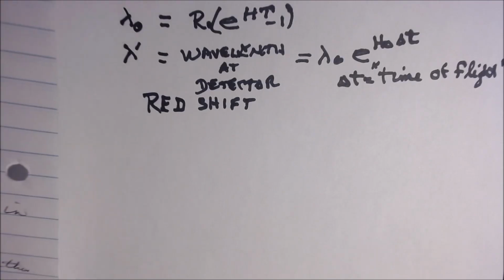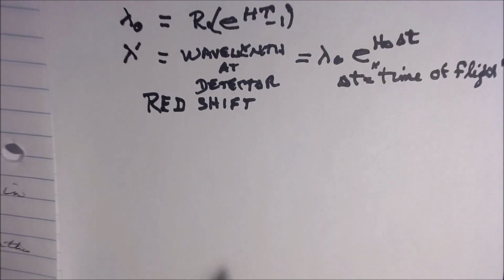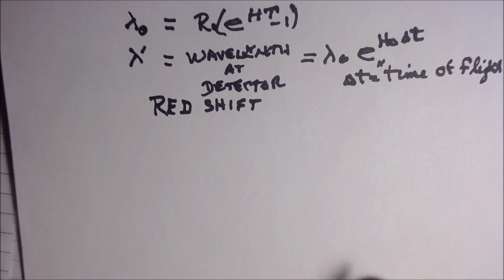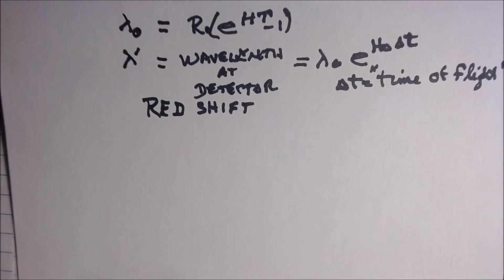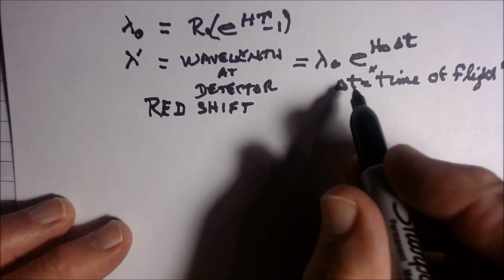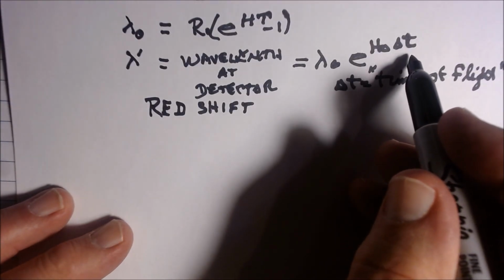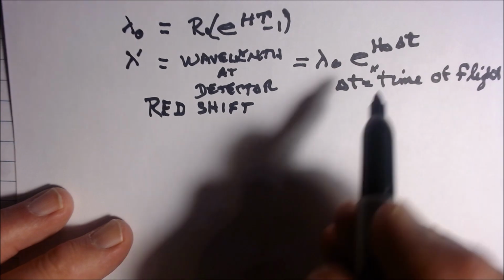The redshift of a proper galaxy is a method by which we can determine how far away the galaxy is by using the equation lambda prime is equal to lambda 0 e to the h0 t, where t is the time of flight.